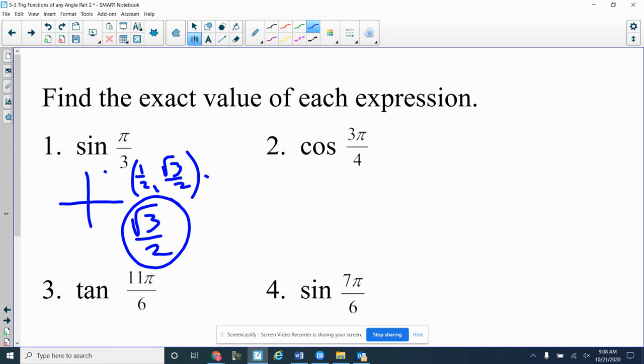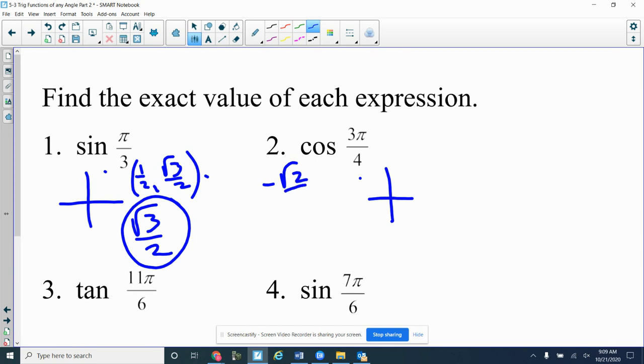So the cosine of 3 pi over 4. Find 3 pi over 4. Delaney, what's the coordinate of 3 pi over 4? The whole coordinate, the x and the y coordinate. And yes, it's in quadrant 2.